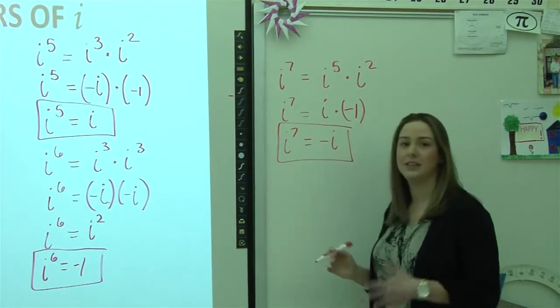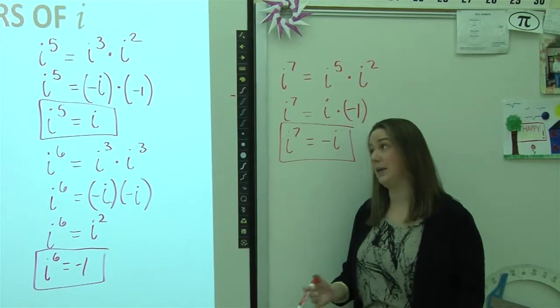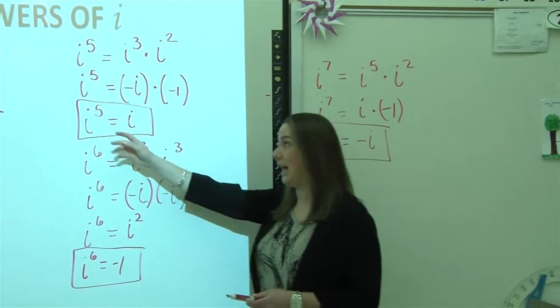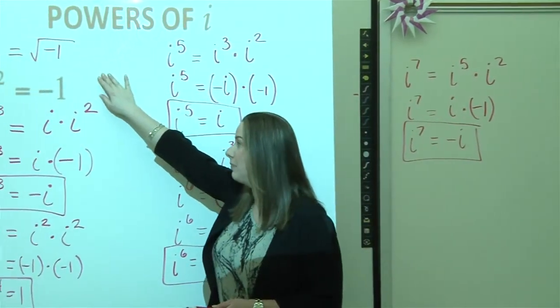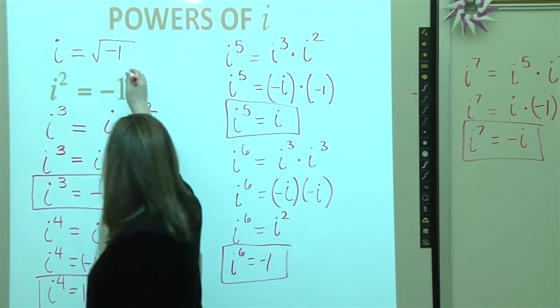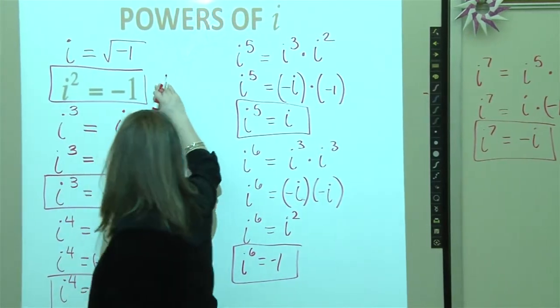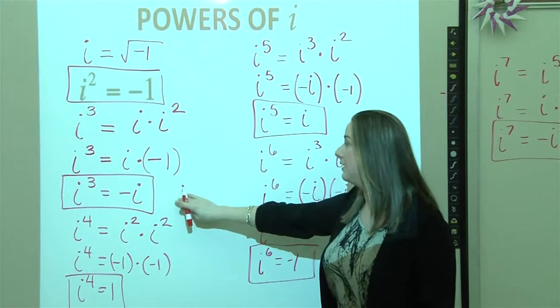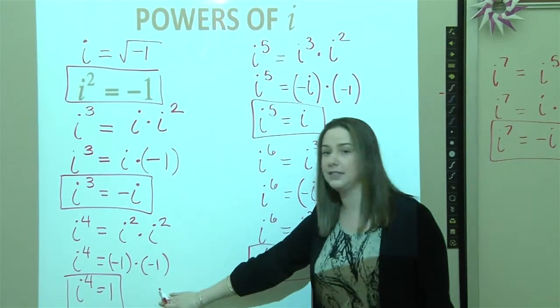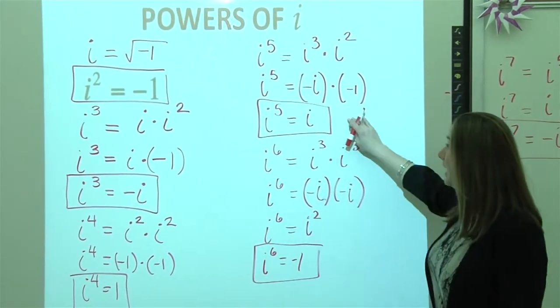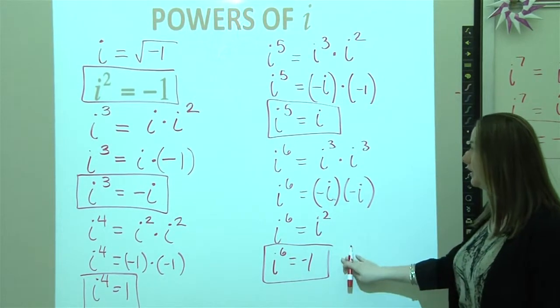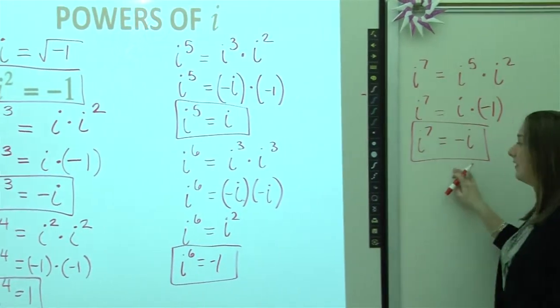We want to look at this and think about if there are any patterns happening. So if we look at i, we start with i, and our i to the second is negative 1. i to the third is negative i, i to the fourth is 1, i to the fifth is i, i to the sixth is negative 1, i to the seventh is negative i.